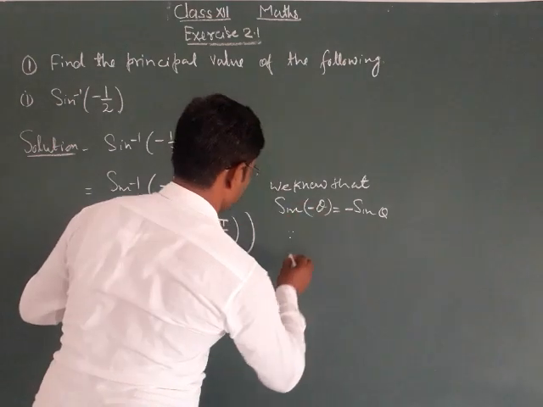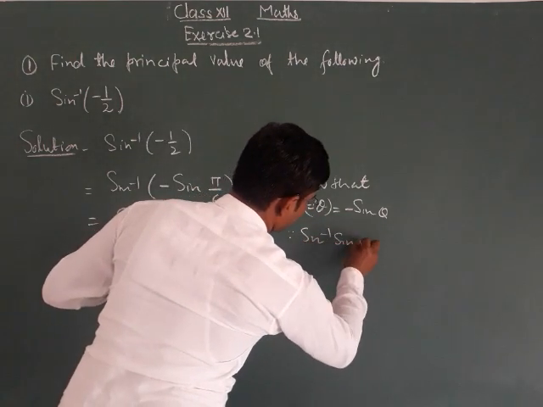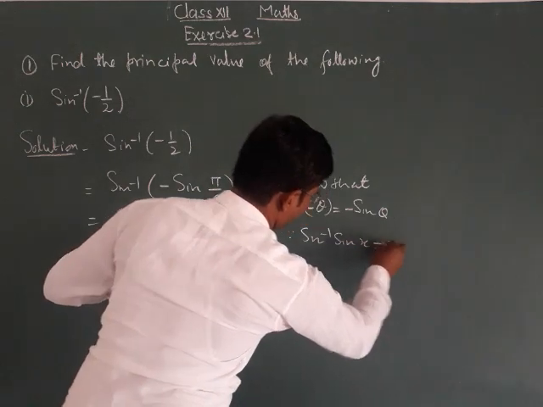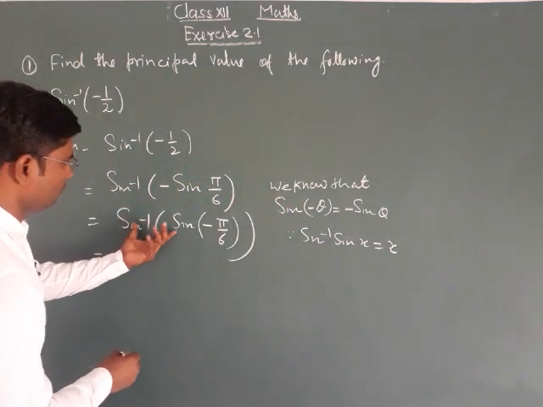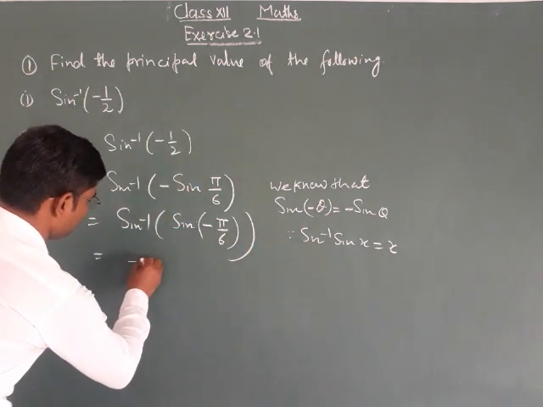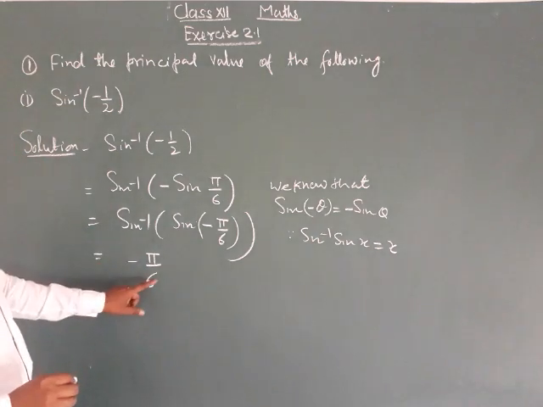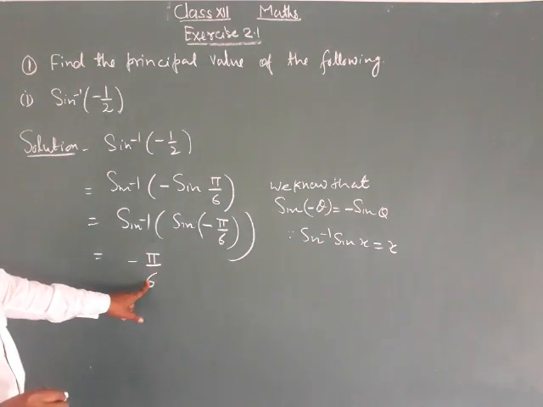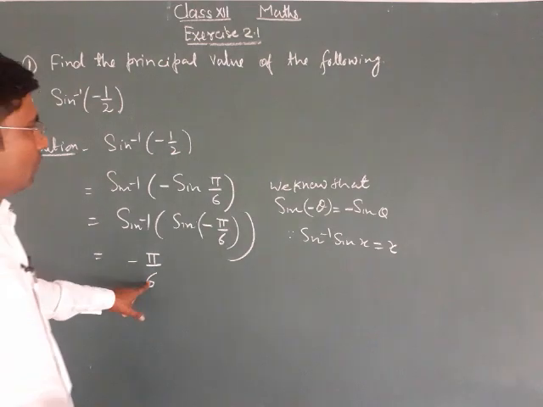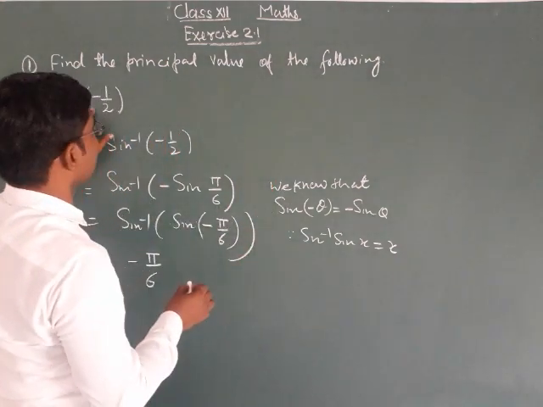Since sine inverse sine x is equal to x, we can write minus pi by 6. The principal value is minus pi by 6, which lies in the principal branch of sine inverse.